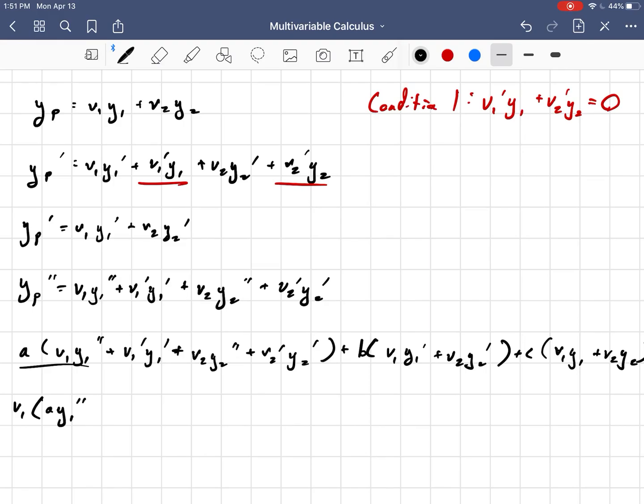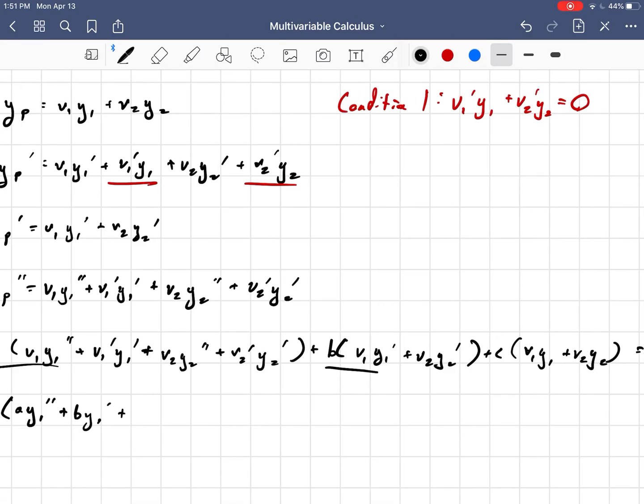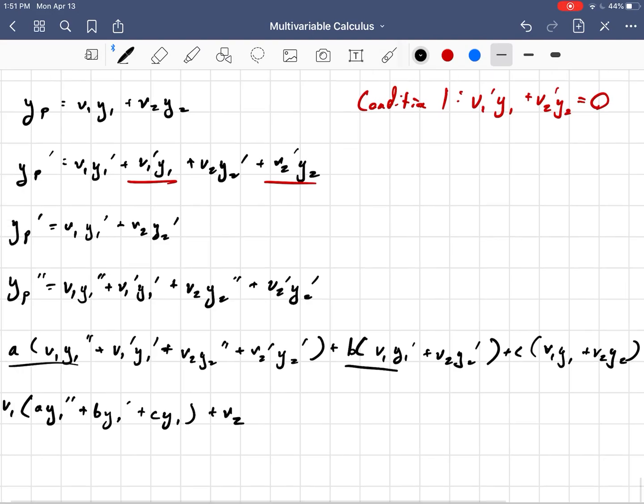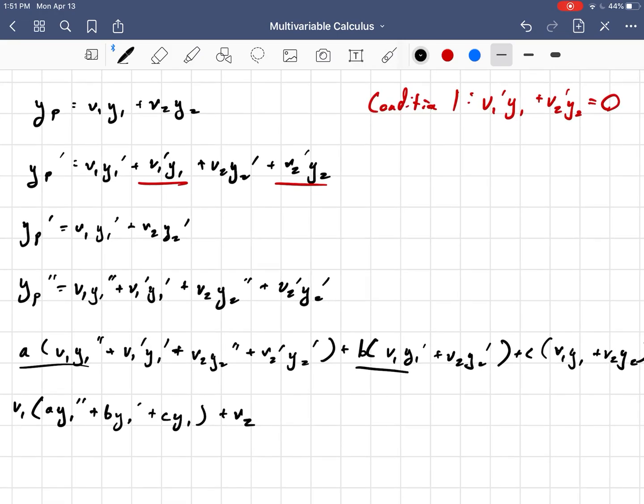So I have v sub 1 times, now I have a y sub 1 double prime plus by sub 1 prime from here plus cy sub 1.